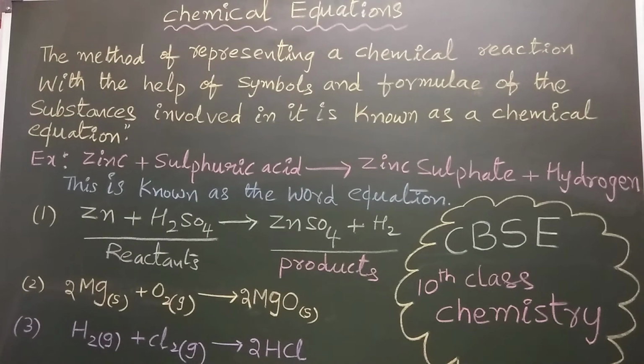There are so many examples of chemical reactions. In the second example, magnesium reacts with oxygen. Here S and G are represented: magnesium is in a solid state, so you write S as the subscript of the element, and oxygen gas, G means gas.